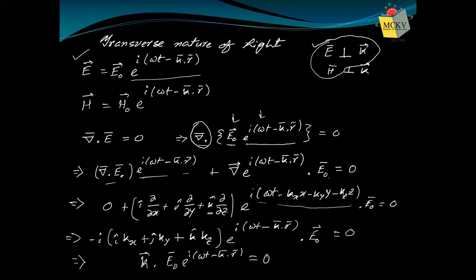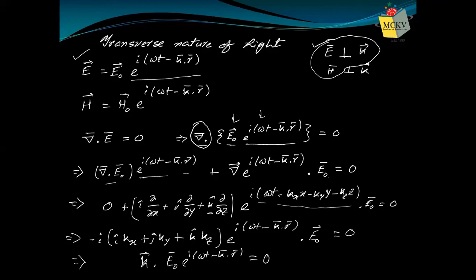Can I write it this way? Because e to the power i(omega t minus k dot r) is a scalar, and a scalar can be written anywhere if there is no operator. You observe k, E naught, these are vector values, no operator. So e to the power something can be written anywhere because it is a scalar. Scalar is a multiplication, so you can write it in front of E naught or after E naught, no problem.